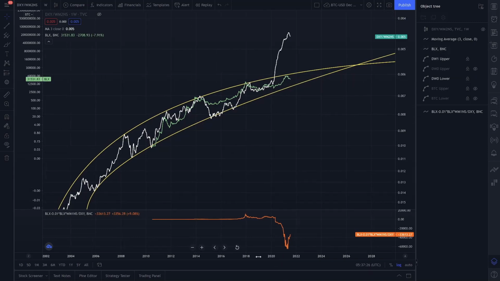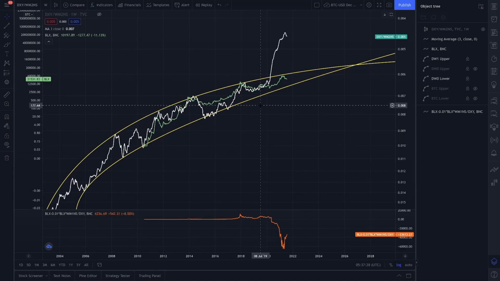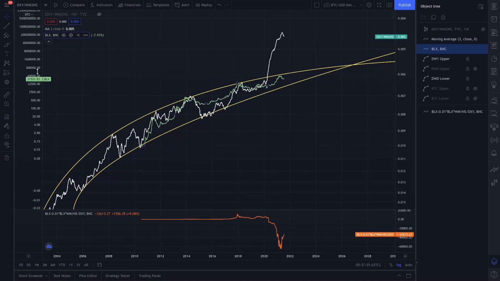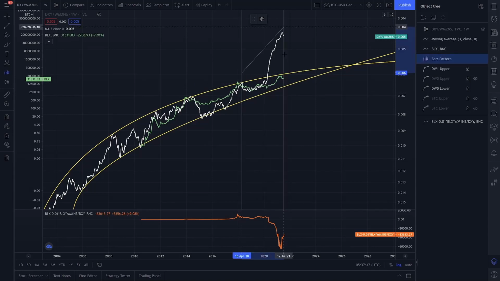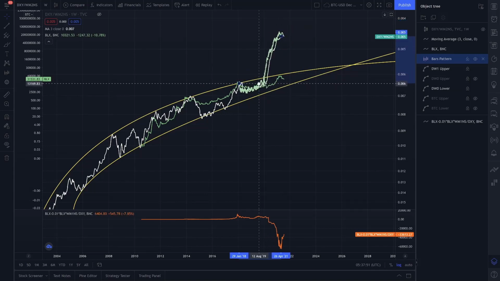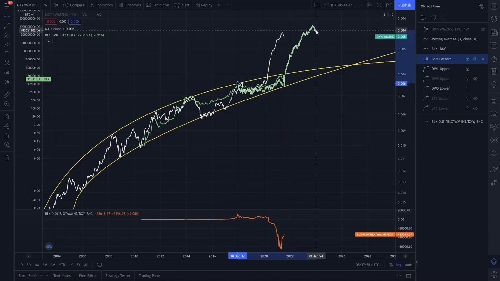So let's stretch out, if we can, just one of these. I don't think it's going to let us though. Alright, so we will copy a bars pattern, and let's place it back here on Bitcoin, and we will stretch it out.